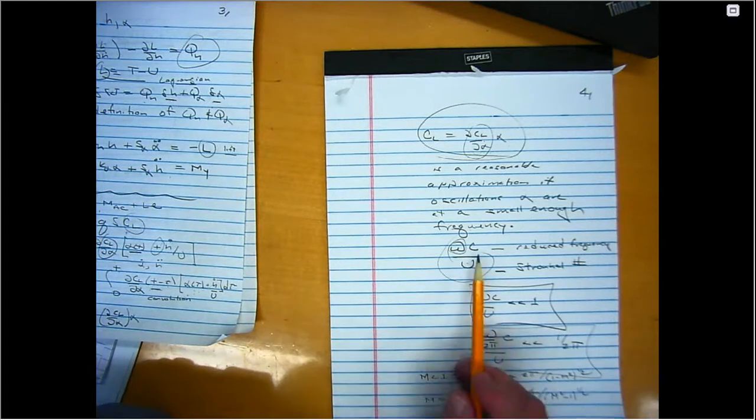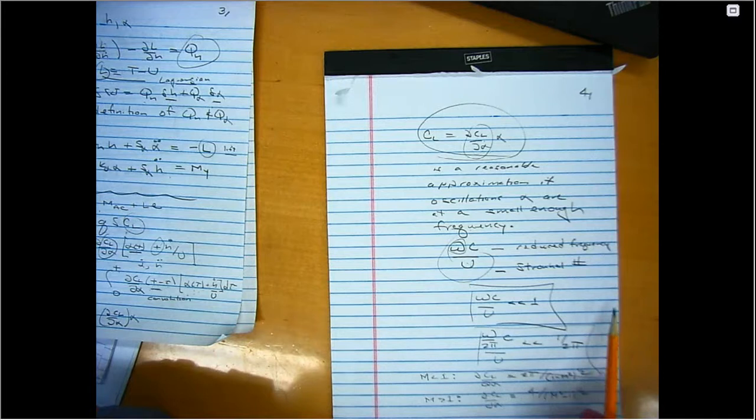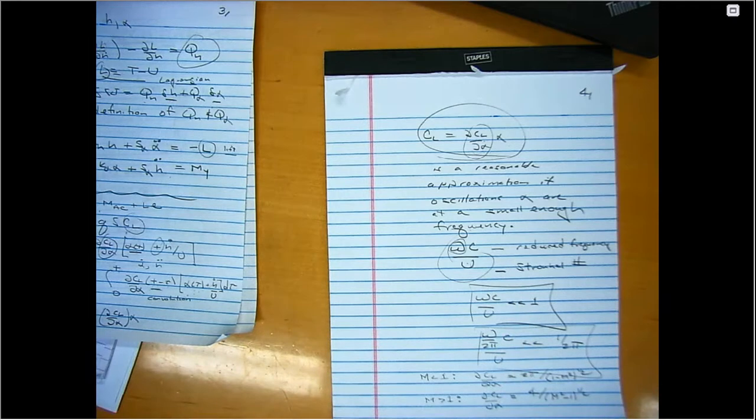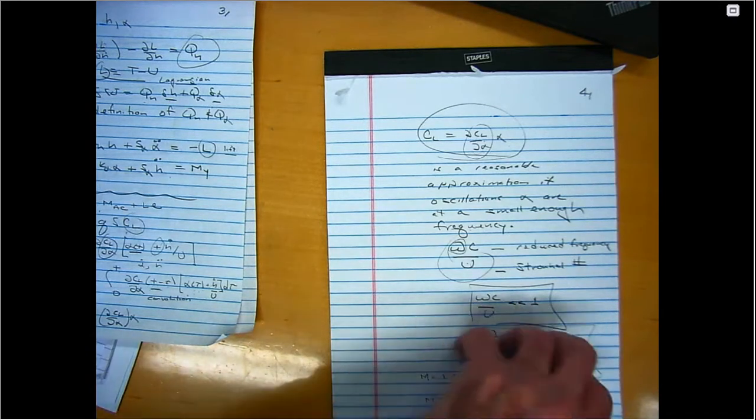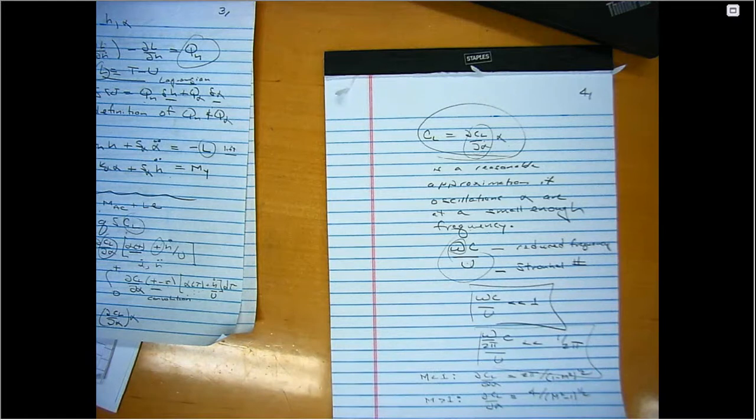The good news is, if omega c over U is not 0, then there are some extra terms that prevent this from blowing up. On the other hand, if omega c over U is small compared to 1, the linear theory doesn't blow up, but it gives you an answer that's not very good. So right away, just looking at these simple formulas, that tells us that something challenging is happening at Mach 1.